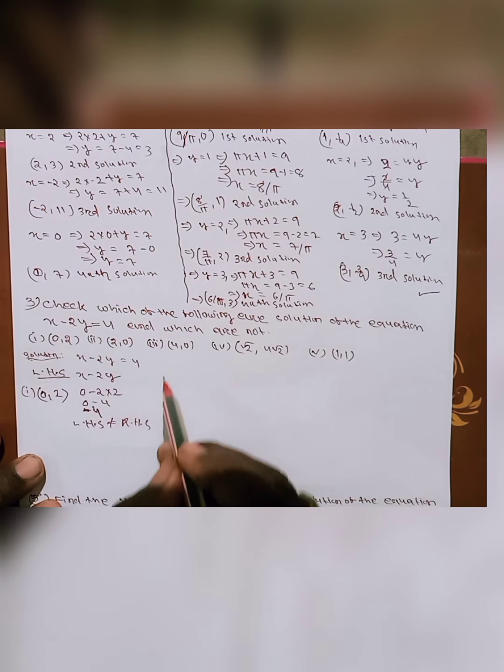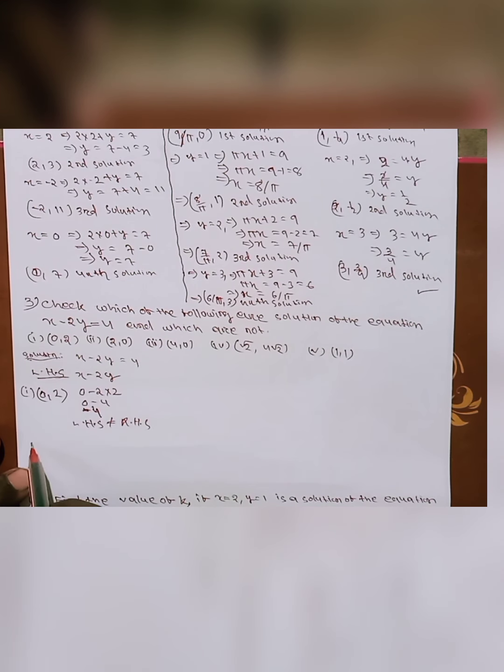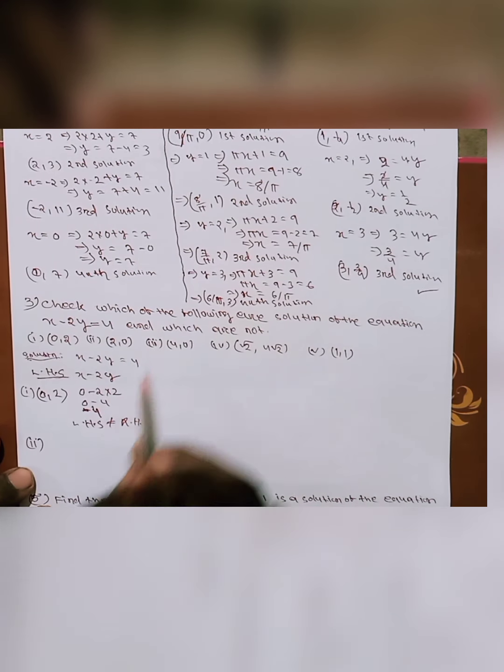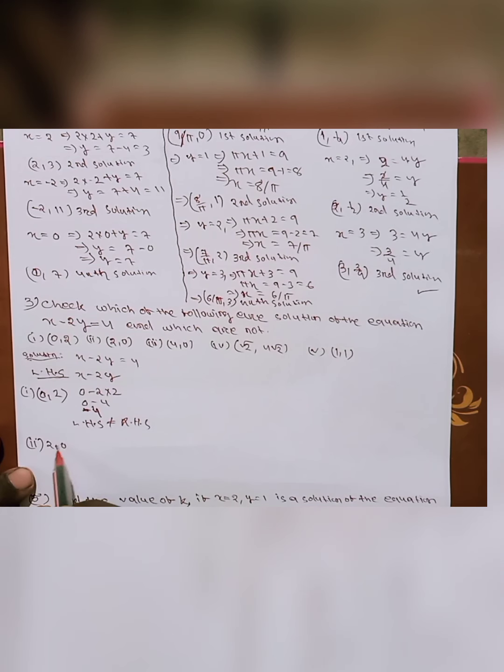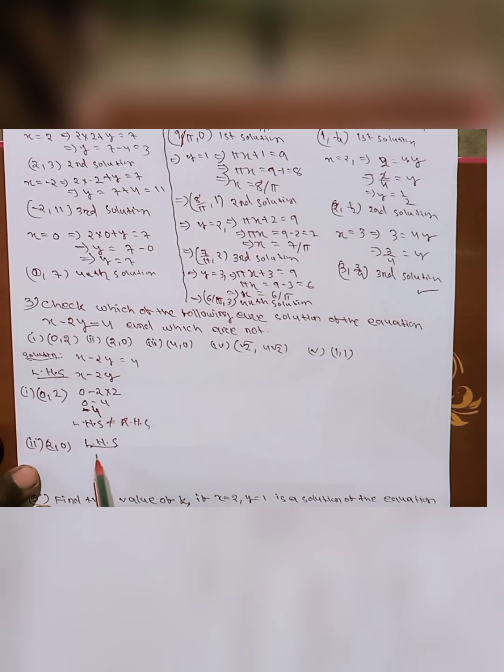Second, put this value in LHS. Second is 2, 0. Write LHS x minus 2y.